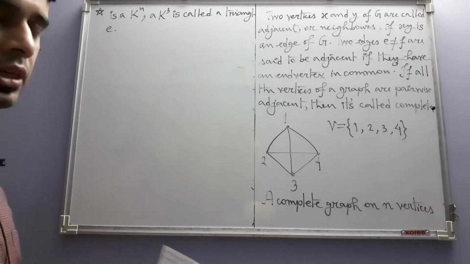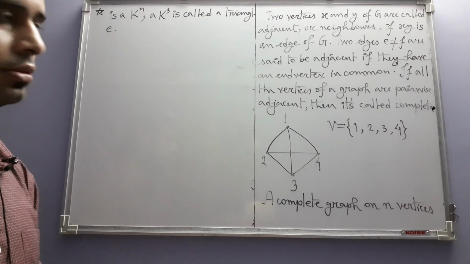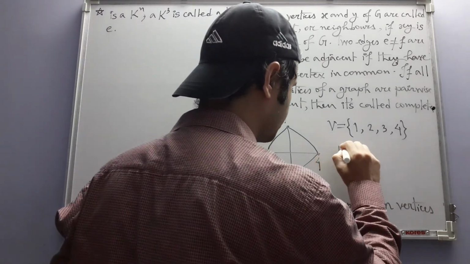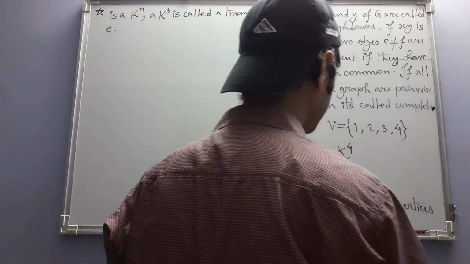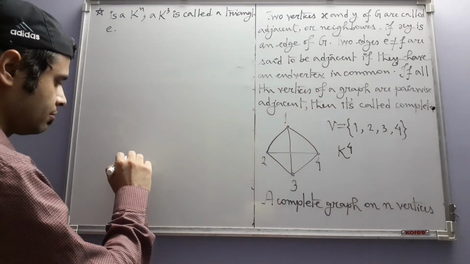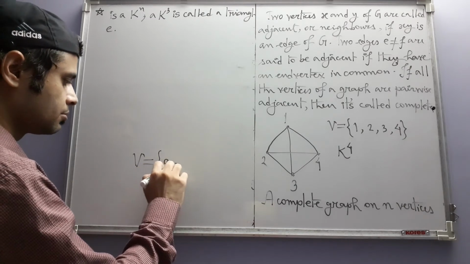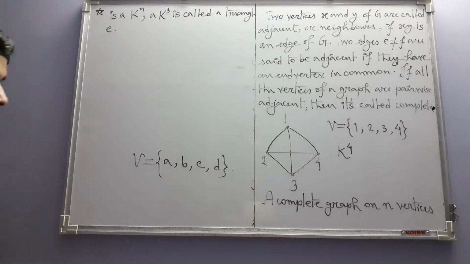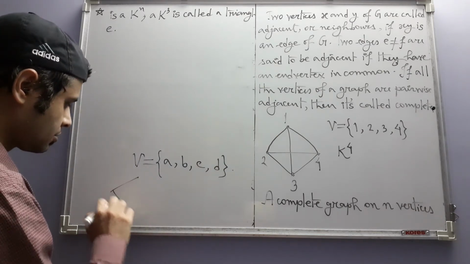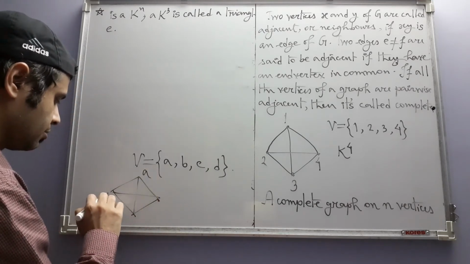Now there are some things we should say at this point. Why a K^n? For example, this is a K4. Why not a different letter? That's because, strictly speaking, you can have another complete graph on 4 vertices, where these are the vertices, and clearly, of course, the graph will look like this.